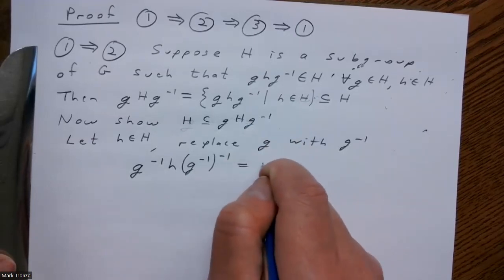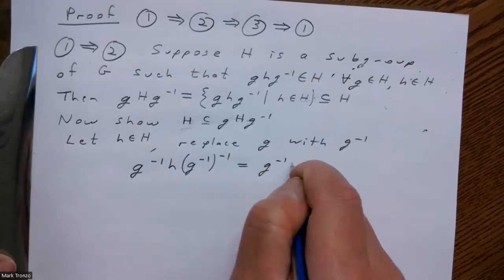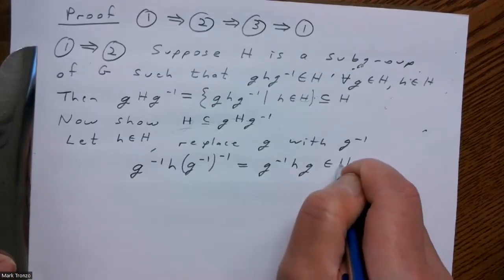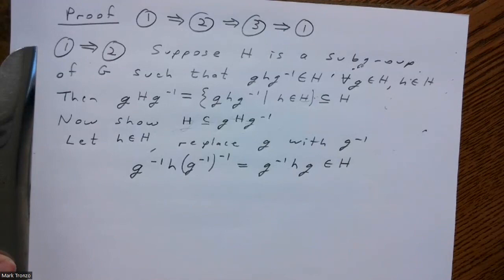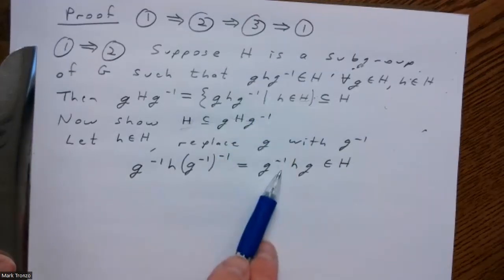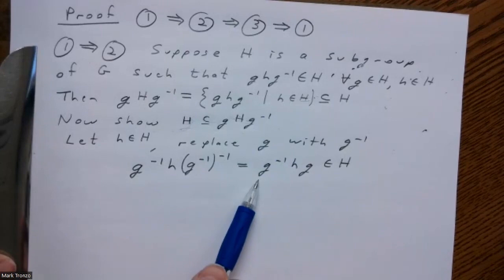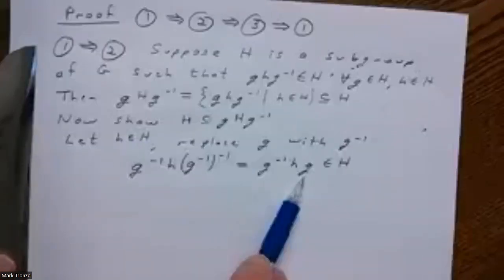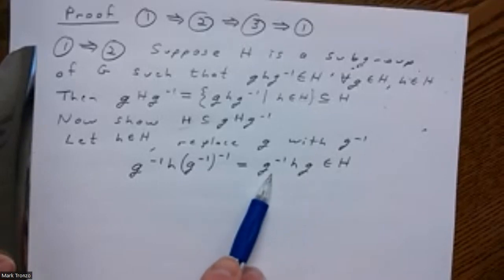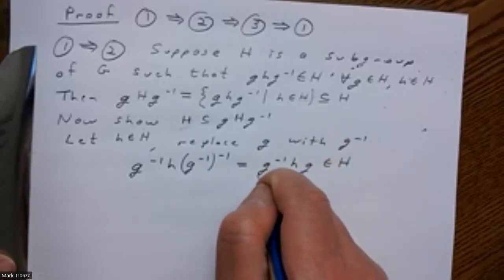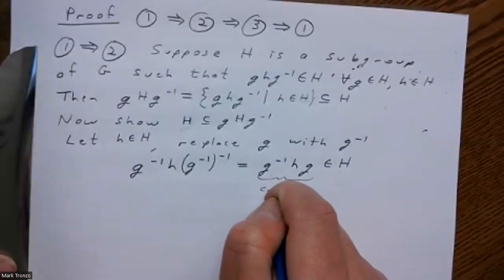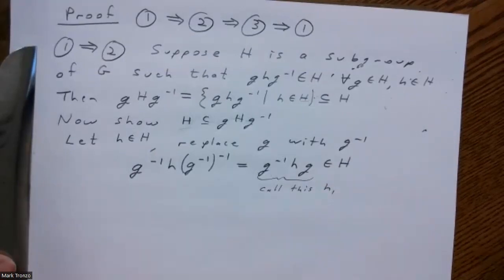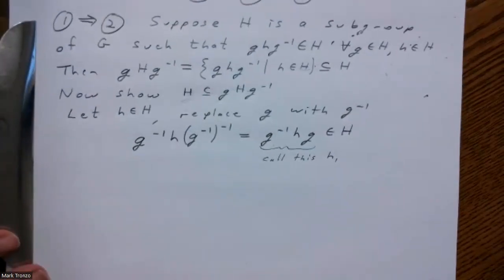Then that's going to be g inverse hg, again, which is a subset of H, because we set up here, excuse me, I should say, this is a member of H. Again, both of these are in G, so that's true. So let's give this a name. Let's call this h1. It'll be a little bit easier to work with.